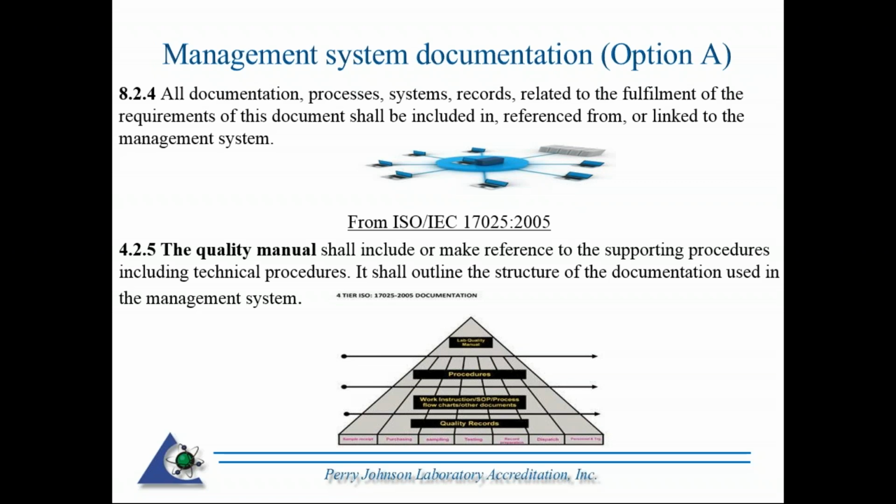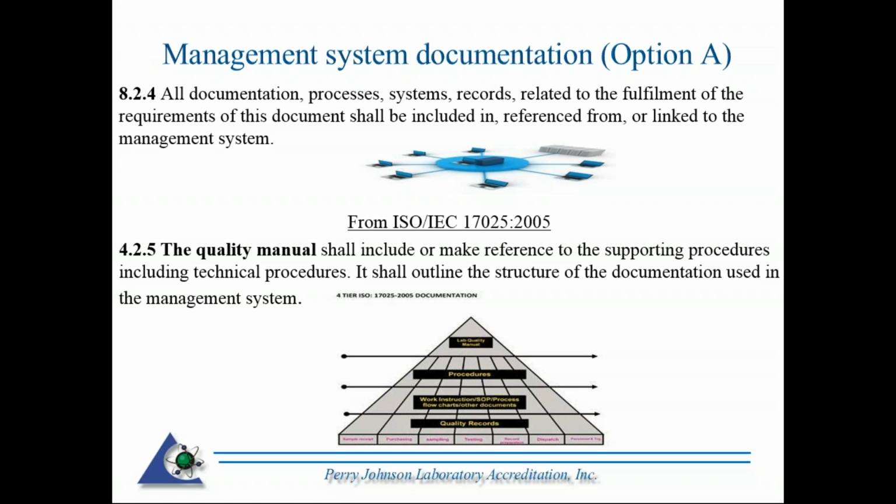It stated the requirements within the quality manual shall include or make references to supporting procedures, including technical procedures. It shall outline the structure of the documentation used in the management system. Hence, that was specifically required to be in the quality manual.